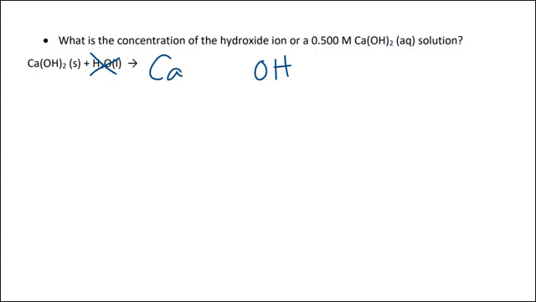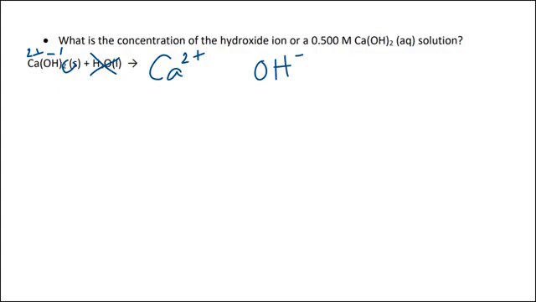But we also know when we look at the periodic table that calcium is in my second family, my second column in the periodic table. And so it has a 2+ ion charge. We can also see that here because when calcium hydroxide was written, it had to give me 2 hydroxides because each hydroxide we know is a -1. So calcium will split into 2+, my hydroxide will split into -1.